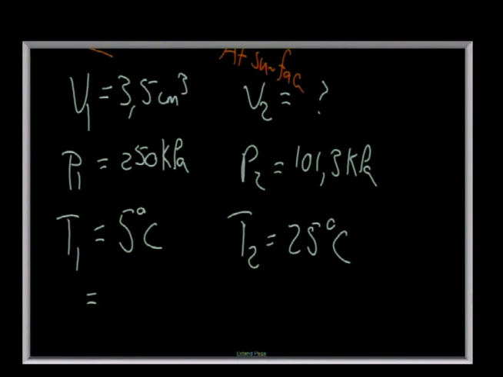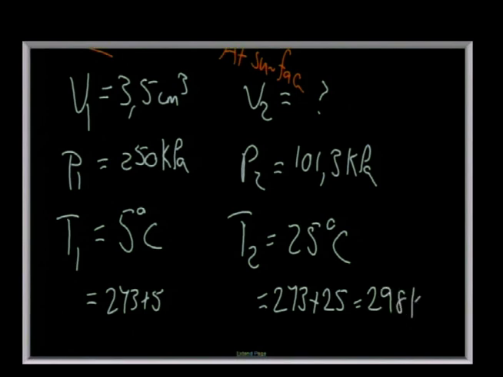Applying a calculator, we're going to say this is 273 plus 5, which doesn't take too much to work out, and this is 273 plus 25. So this one turns out to be 298 Kelvin, and this one turns out to be 278 Kelvin.